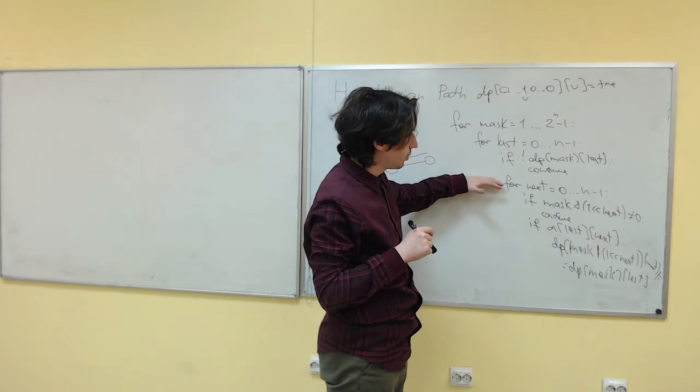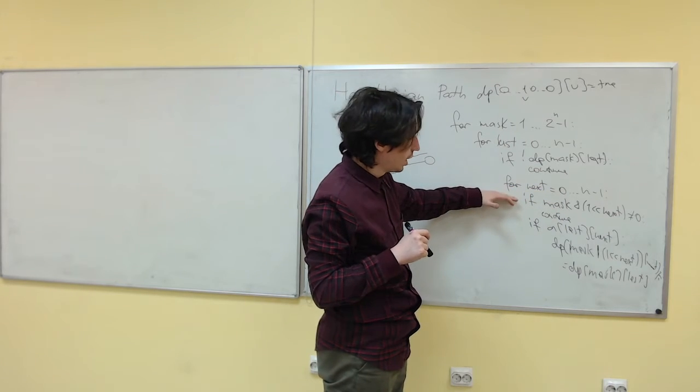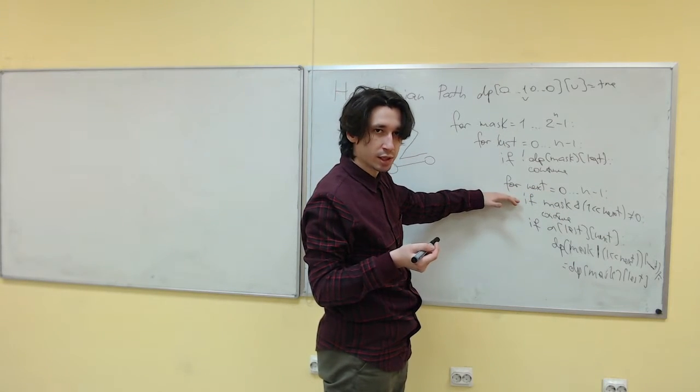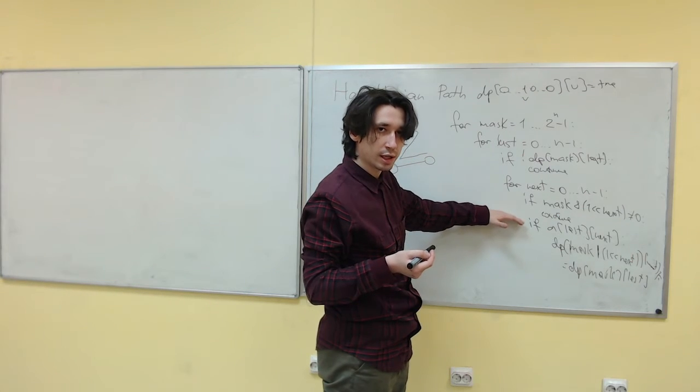Otherwise, we iterate through all the possible next vertices. We check if the mask doesn't contain this vertex yet, and if there is an edge between next and last.